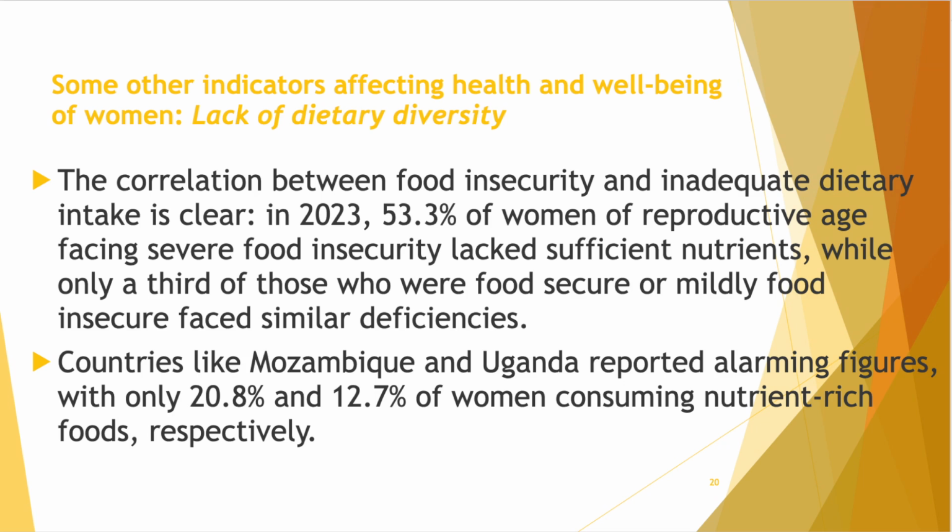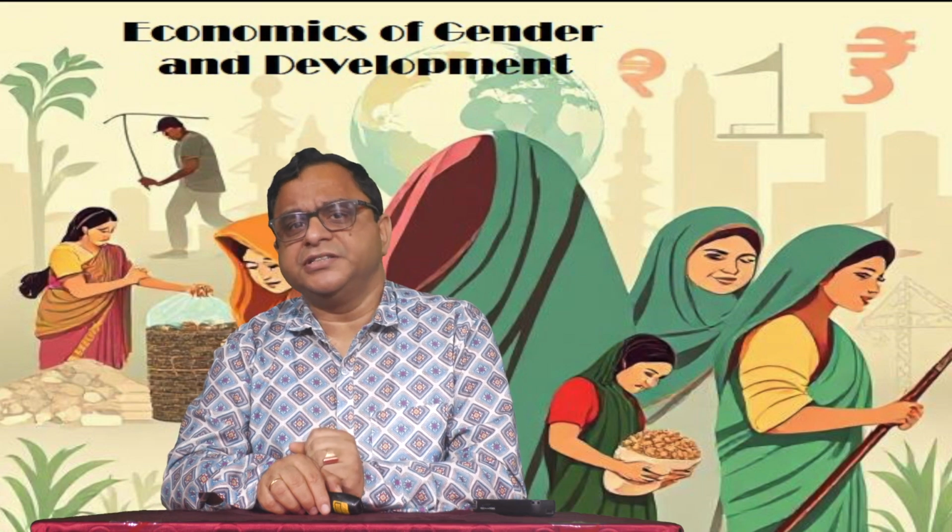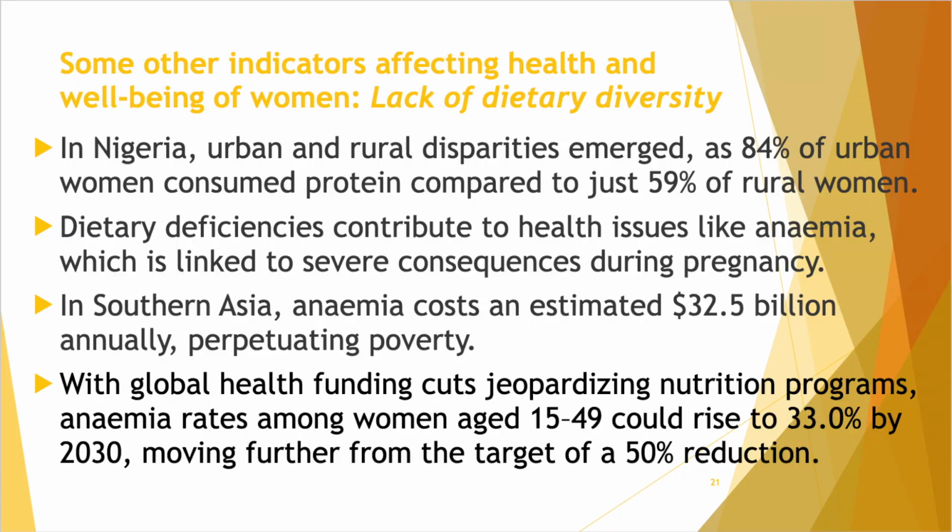And countries like Mozambique and Uganda reported alarming figures, with only 20.8% and 12.7% of women consuming nutrient-rich food, respectively. Similarly, in Nigeria, urban and rural disparities emerged, as 84% of urban women consume protein compared to just 59% of rural women. And dietary deficiencies contribute to health issues like anemia, which is linked to severe consequences during pregnancy.